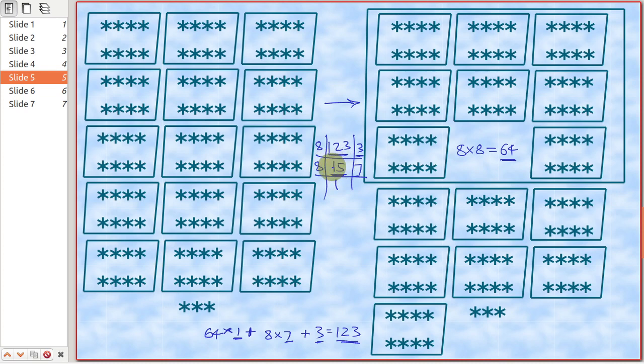You will be able to create only one bigger box because there are only 15. If there were 17 smaller boxes, then you would be able to create 2 bigger boxes, and you would be left with 1 smaller box. But you only have 15 smaller boxes, so you will be able to create only 1 bigger box, and you will be left with 7 smaller boxes, right?